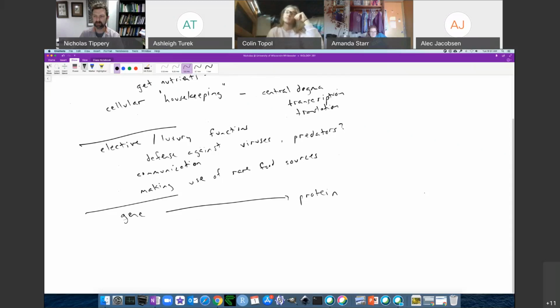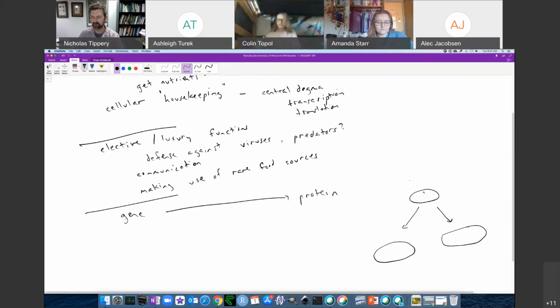So DNA replication is a little bit different from gene expression. If a cell loses the DNA for a gene, so are you suggesting maybe that we make a copy that's missing a gene?